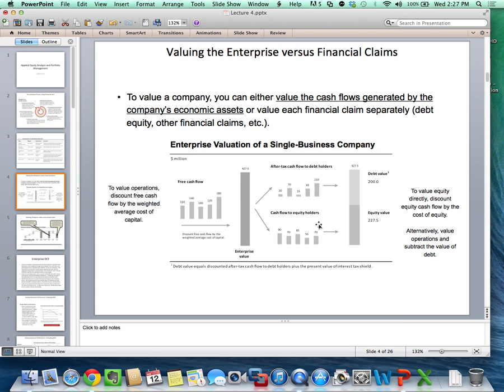Payment to the debt holders, payment to the shareholders, total value of the debt payments, total value of the equity payments equals the total enterprise value of the firm. And that's the premise that we're going to use to value the company. So take the enterprise value, pay off the debt, whatever's left goes to the equity holders. That's enterprise DCF. It's actually a relatively straightforward process.